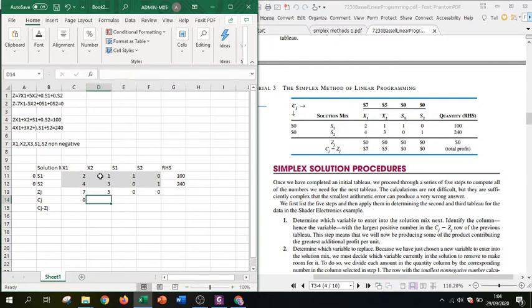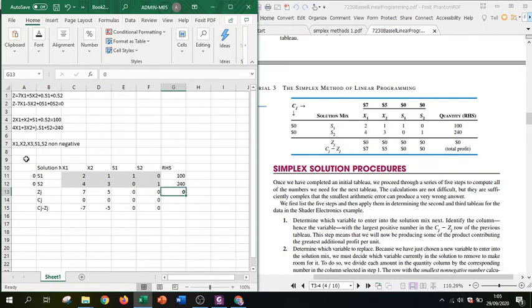And then this is times 0, this is 0, and this is 0, 0, 0.